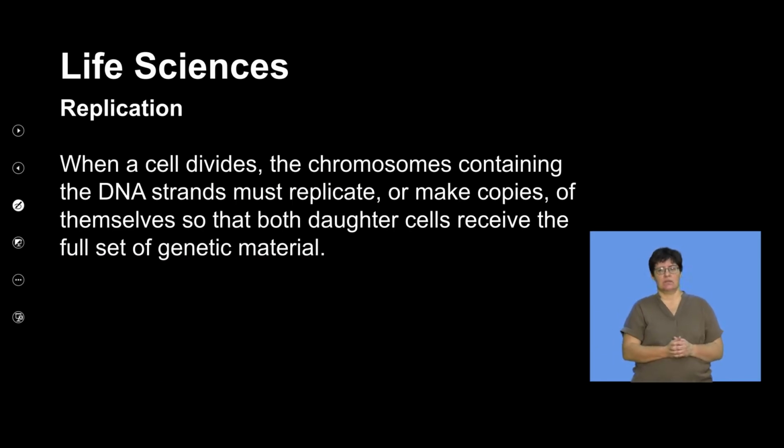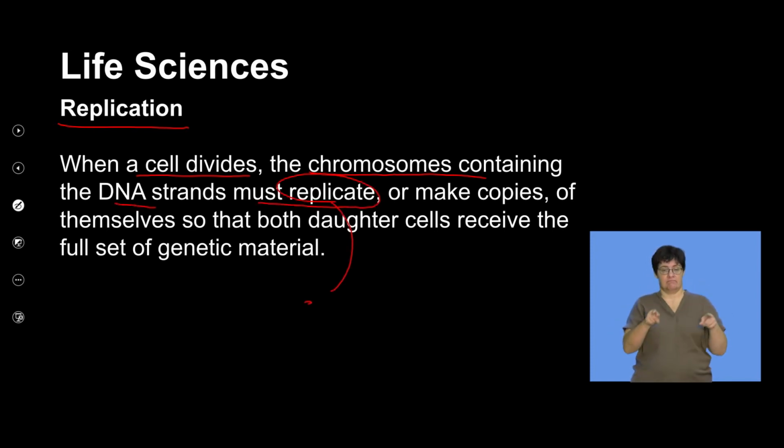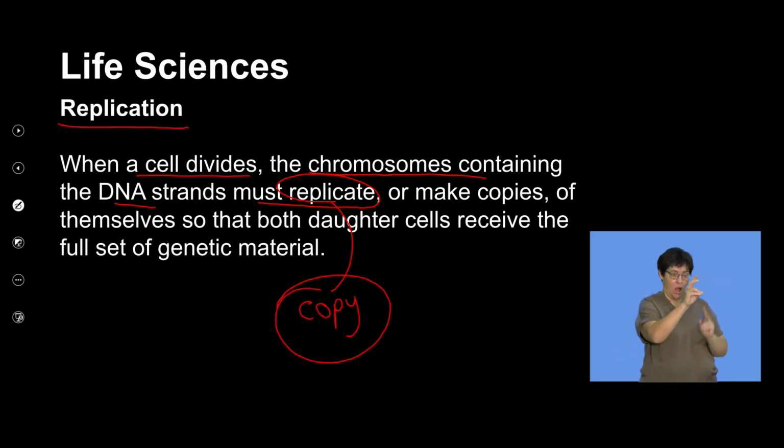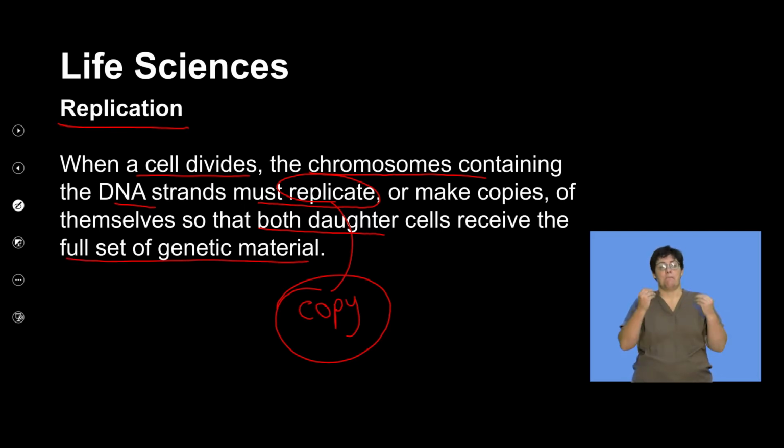If we try and understand replication as an overview of the role of DNA, we know that cells divide, and in order for cells to divide, there needs to be some process of organization. When a cell divides, the chromosomes containing DNA strands must replicate. Another word for replicate is copy. So the DNA of a cell has to make copies of itself, so that when we produce two daughter cells, these two cells receive a full set of genetic information.